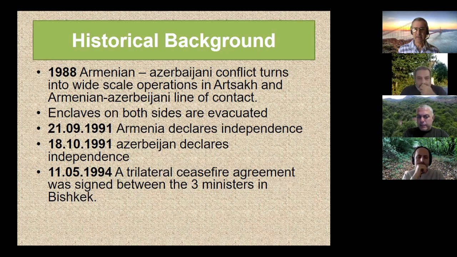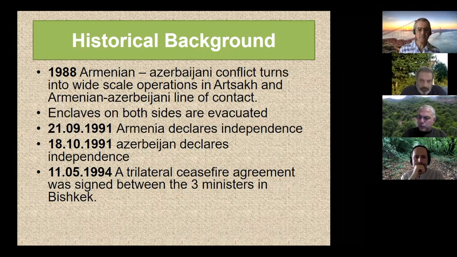So in 1991, on the 21st of September, Armenia declares its independence, and on the 18th of October, Azerbaijan declares its independence. It's very important to mention that we had the war ongoing during this period. So on the 11th of May, we had the Trilateral Ceasefire agreement signed between the 3 ministers in Bishkek.